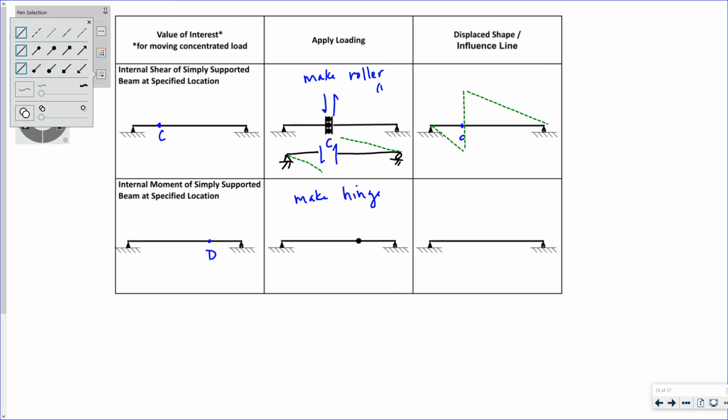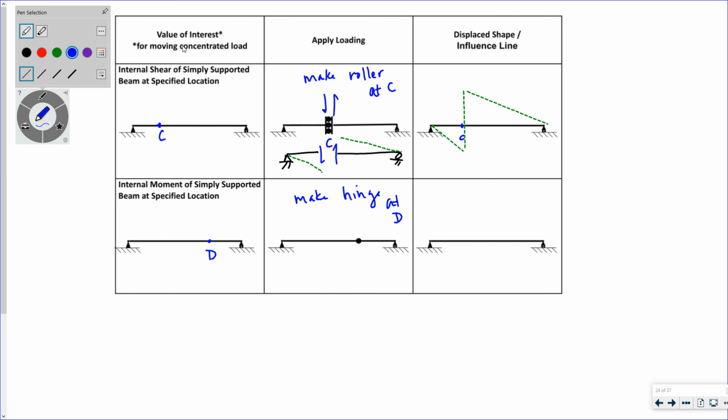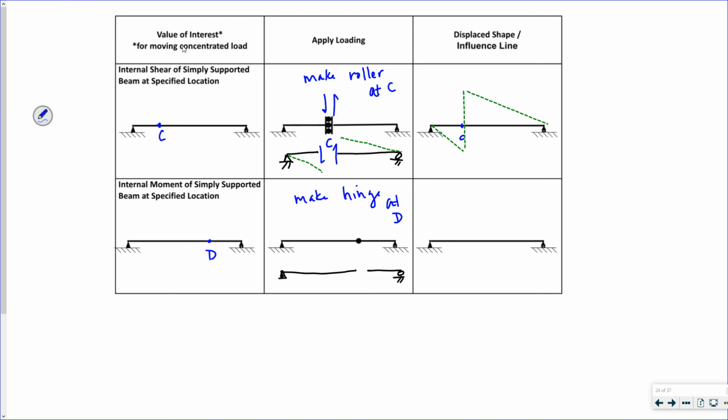Make a roller at C, make a hinge at D. Now I'm going to break it into two pieces. I'm going to apply a moment right there.